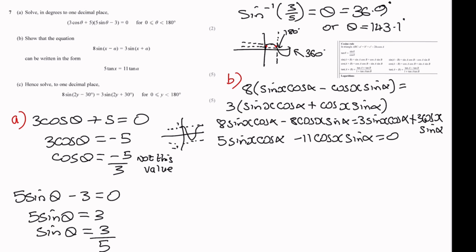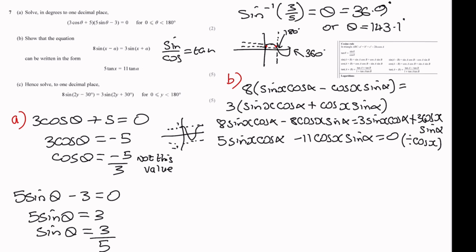Okay, so we're getting closer to this. I've got the 5 and the 11. To get tan, you need to know that sine over cos, whether it's x or alpha, doesn't matter, is equal to tan. So if I'm going to end up with tan, I know I need to divide by cos. So I'm going to divide both terms by cos x.